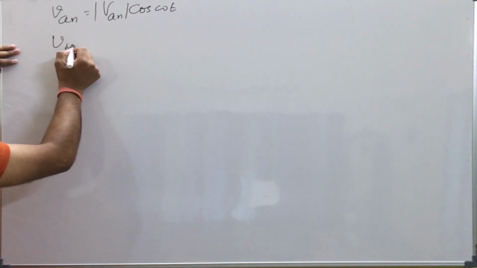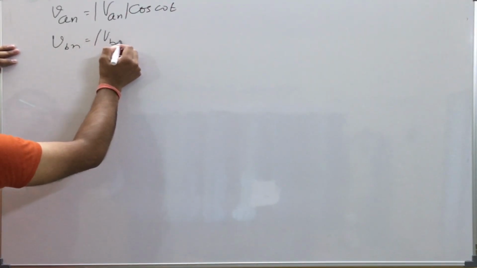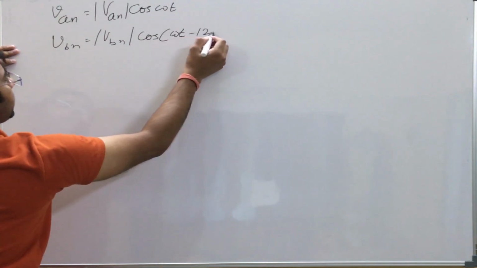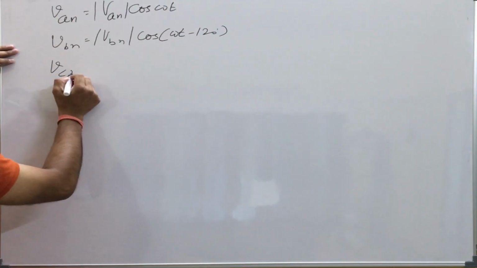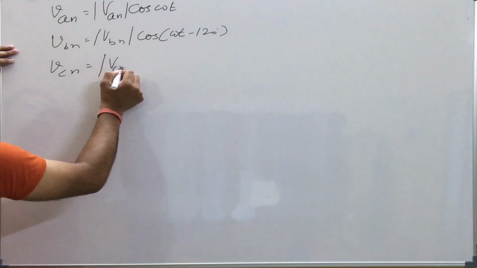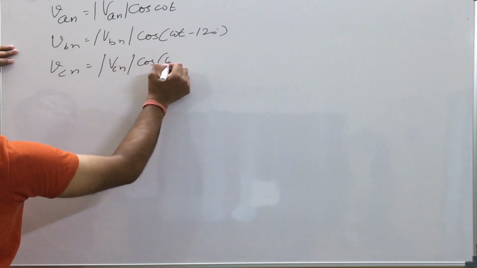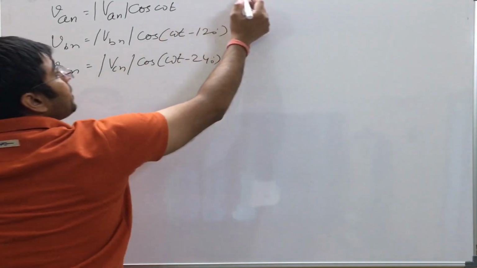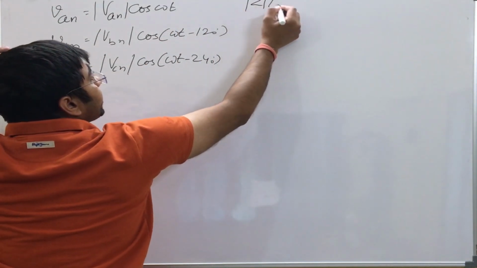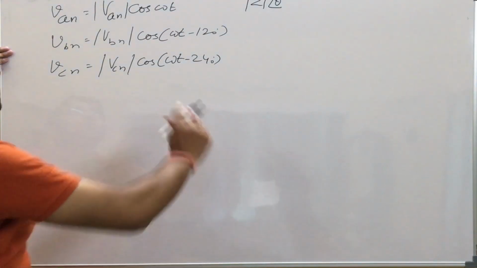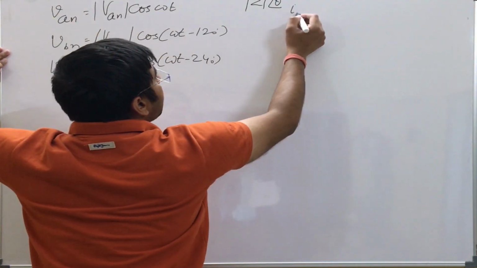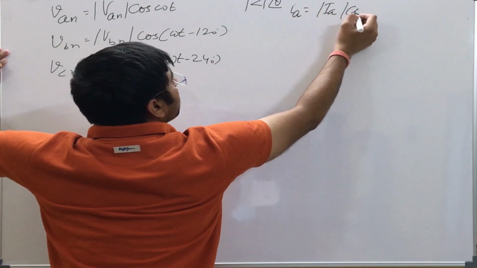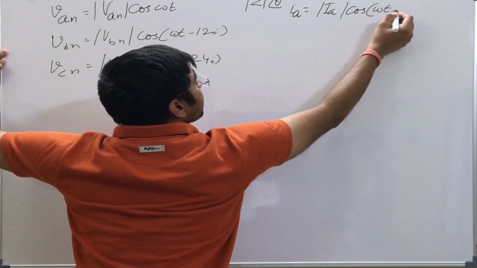Then VBN will be VBN cos(omega t minus 120 degrees), and VCN will be VCN cos(omega t minus 240 degrees). And let us say the impedance is Z angle theta in each phase. So the current in the line will be IA cos(omega t minus theta).